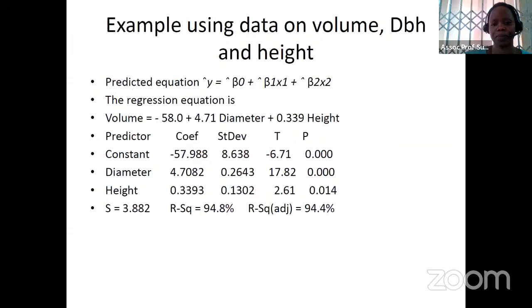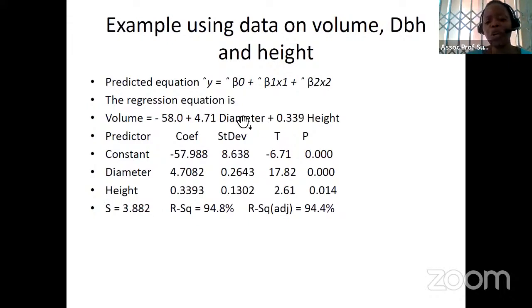Okay. So this is an example of an output where we include two independent variables. In this output, this table shows us the linear model where we have volume, the intercept of -58, the slope for diameter and slope for height.